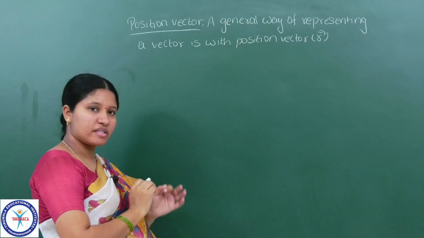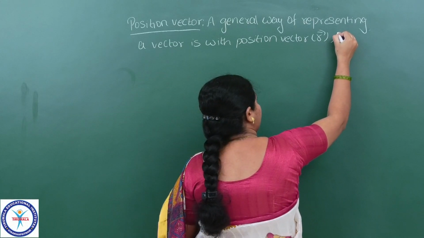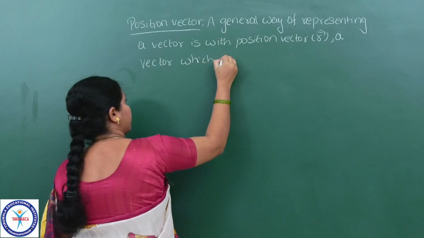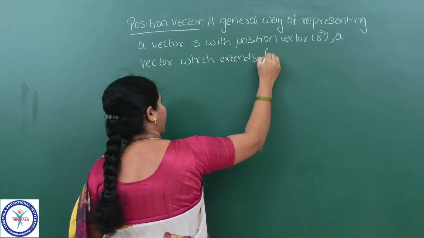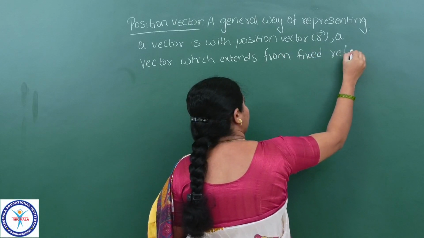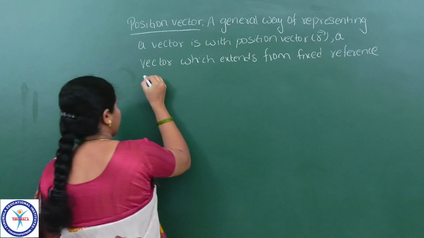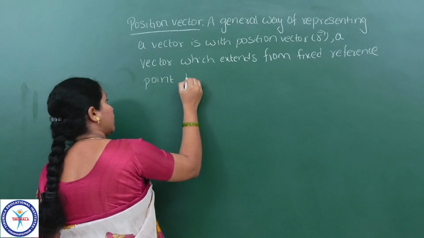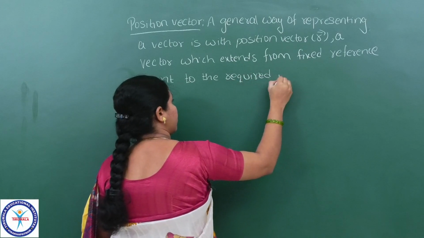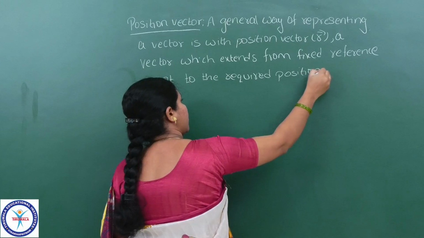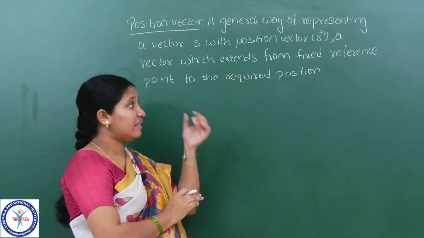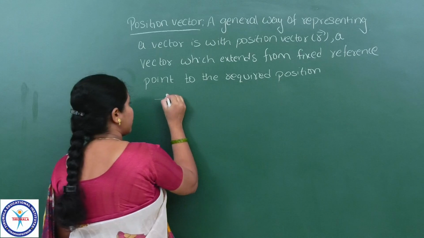This position vector is nothing but a vector which extends from a fixed reference point to the required position, and that fixed reference point is usually considered as origin.